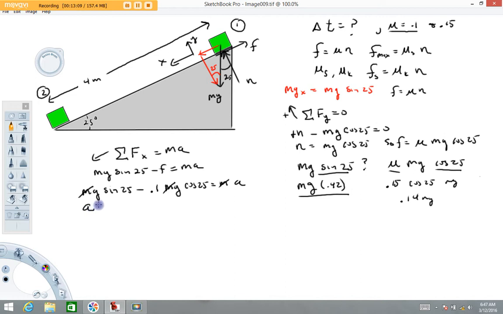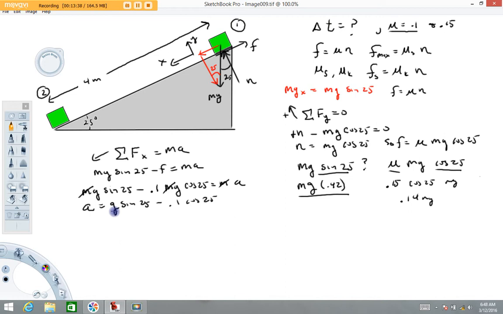So the acceleration is going to equal g sine 25 minus 0.1 g cosine 25. Now, numerically, because I'm working in metric units, g is going to be 9.8 meters per second squared. To save myself some room, I'm not going to bother copying that, but 9.8 times the sine of 25 degrees minus 0.1 times 9.8 times the cosine of 25 degrees.